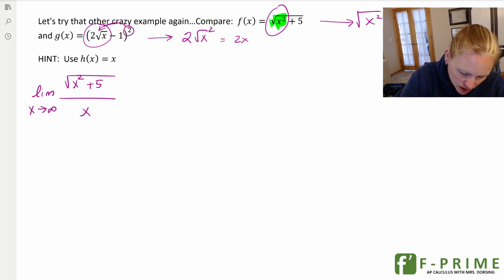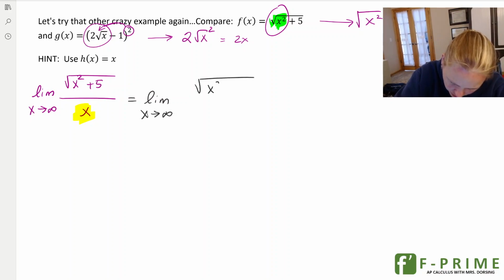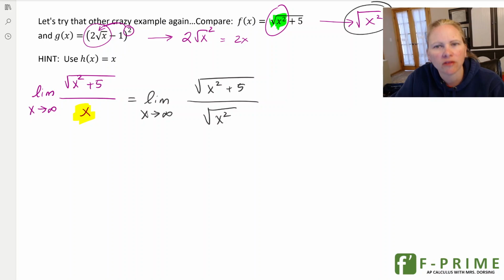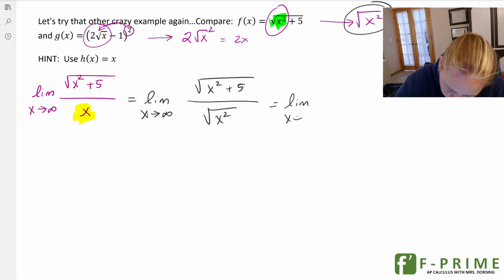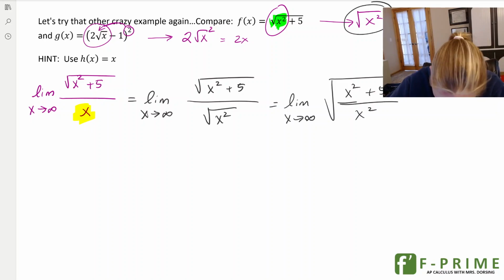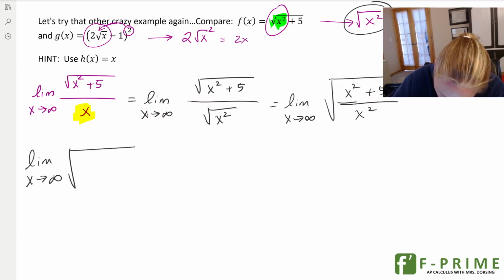So what I'm going to do is rewrite this x so that it matches the function that I'm dealing with. I'm going to rewrite x as the square root of x squared. Oh look, it's the end behavior model. And then this allows me to put it all together like this, which then allows me to divide everything by x squared.